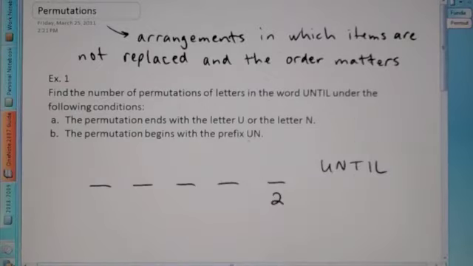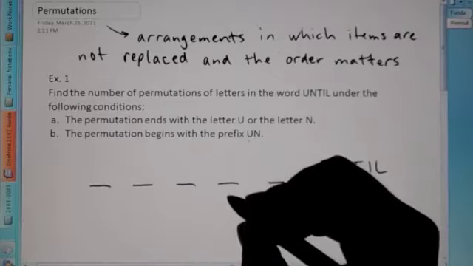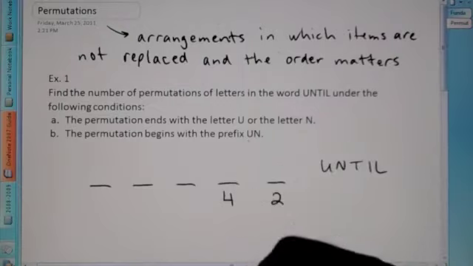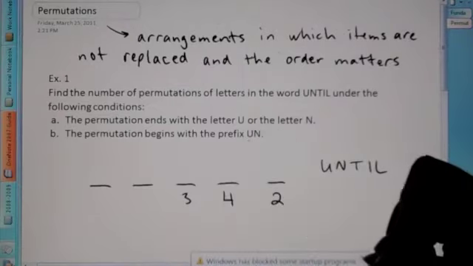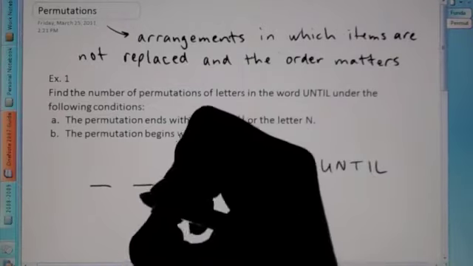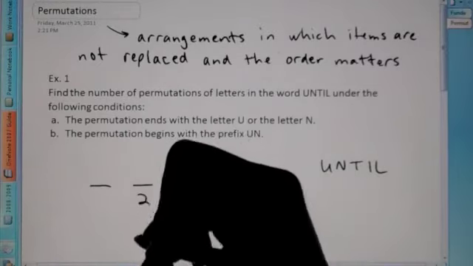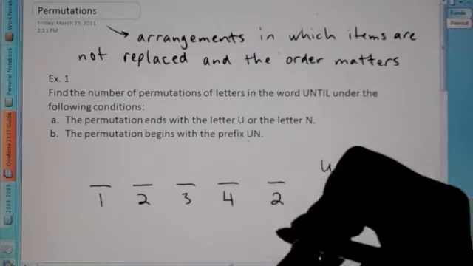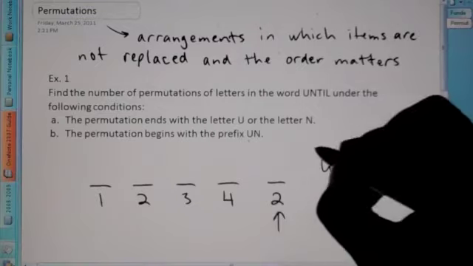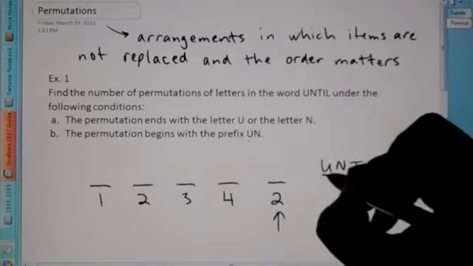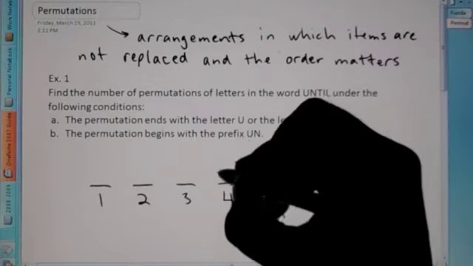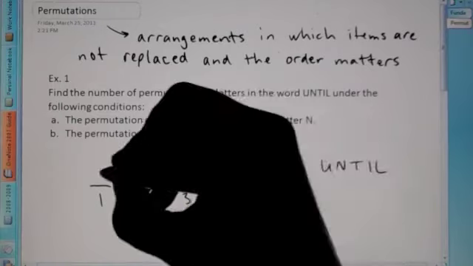If we've used one letter, that means there's 4 options left for the next one, 3 options left for the third, 2 options left for the second letter, leaving only 1 option for the first letter. The big thing is that for the last letter, there's 2 options, a U or an N. If this were a U, that leaves 4 different options for the next letter, and so on.